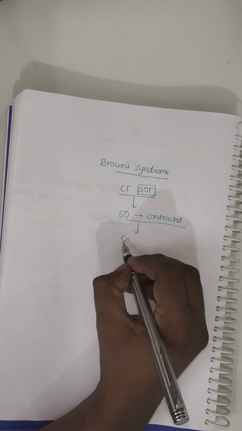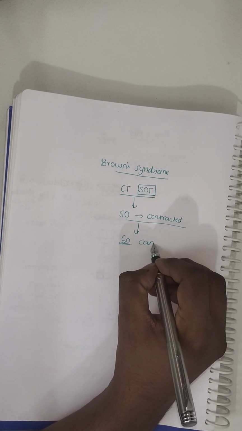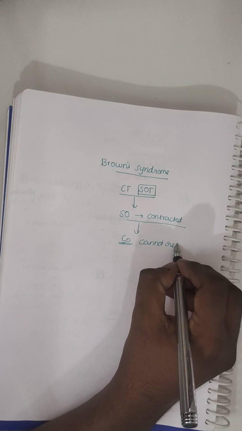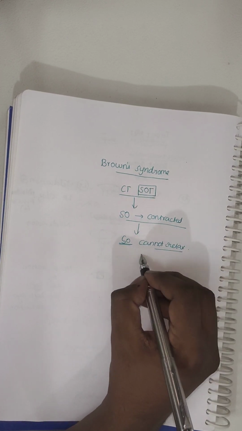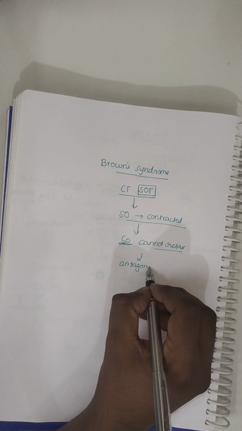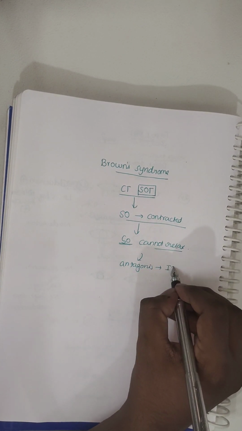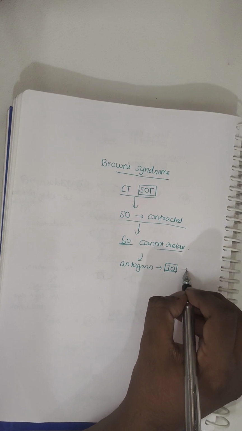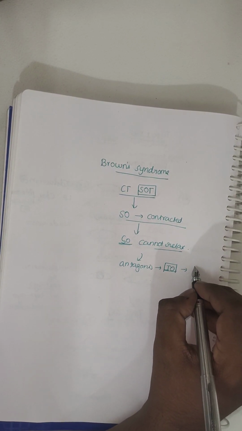Superior oblique cannot relax. Therefore, its antagonist muscle, the inferior oblique muscle, cannot contract.